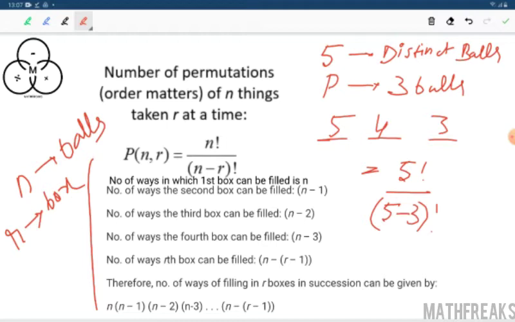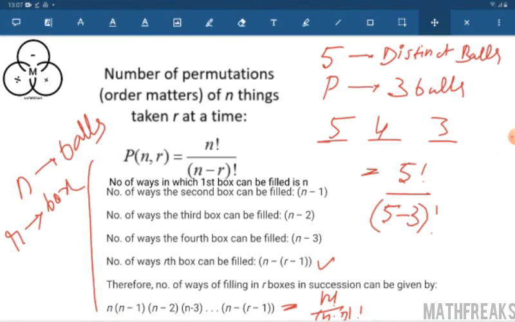The number of ways the second box can be filled is n minus 1. So on, the rth box can be filled in n minus r plus 1 ways. This equals n factorial over n minus r factorial. That's what the formula of permutation is.